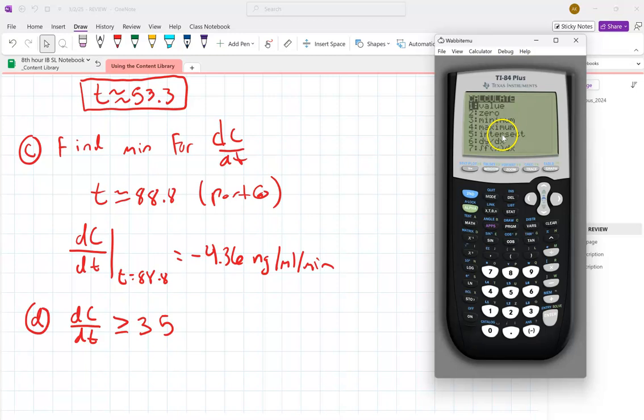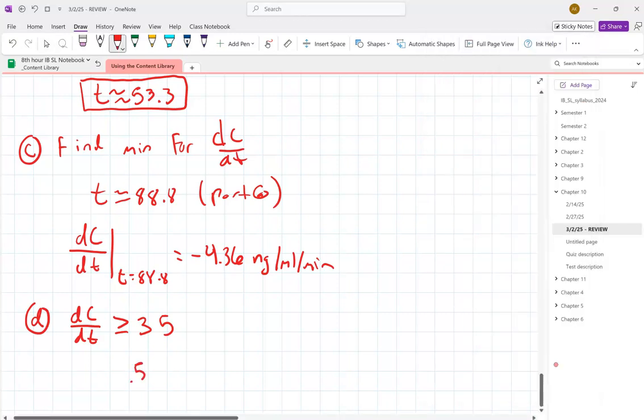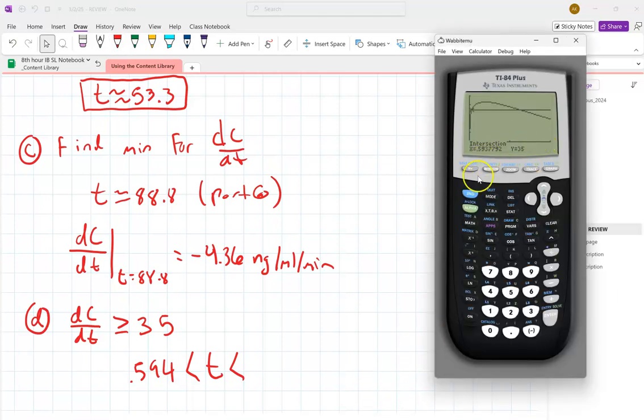So I'm going to find the intersection of the two curves, first curve, second curve, and I have 0.594. Then I find the other one: second trace, intersect, enter, enter.